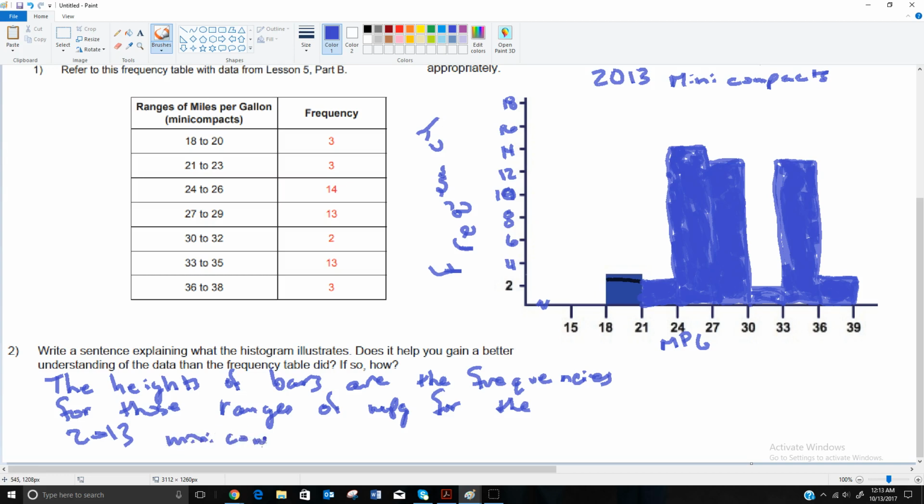And does it help you see it? Yes. Your brain would much rather see this type of a representation than this type of a representation.